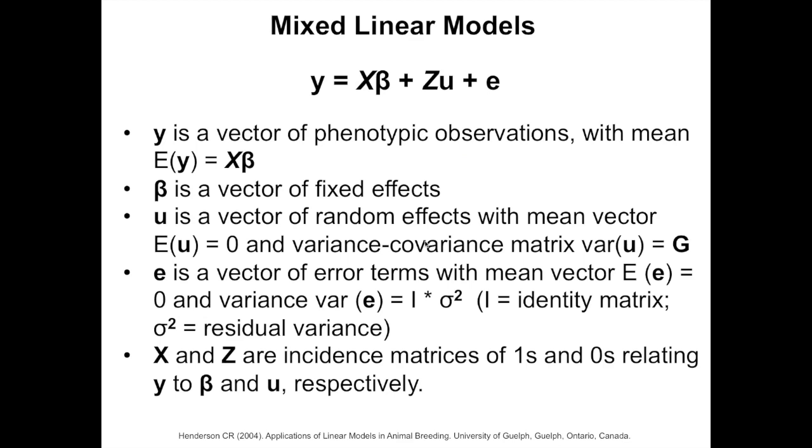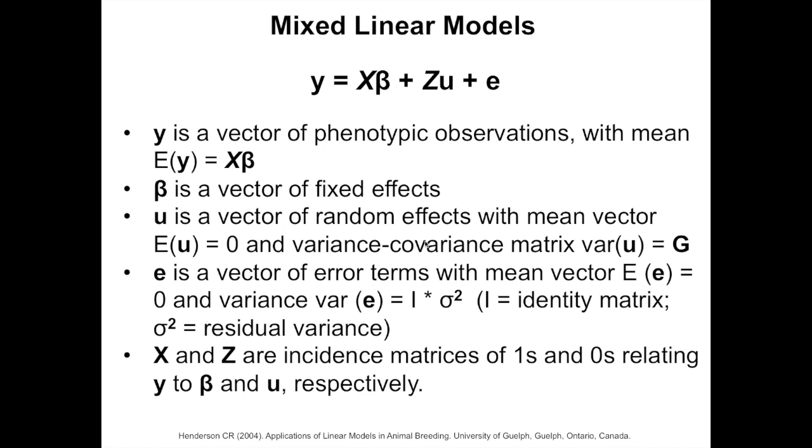So let's talk a little about mixed linear models here. Here we have Y as a vector of phenotypic observations. Then we have a vector of fixed effects, U is a vector of random effects, and E is a vector of error terms with mean vector and then variance, which is capturing the residual variance.